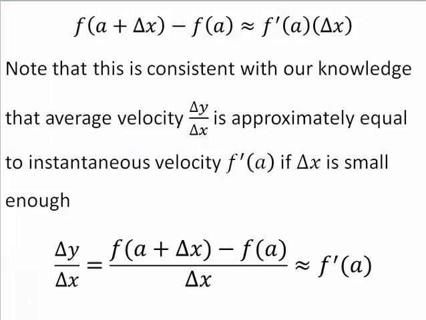I would like you to notice that this is consistent with our knowledge that average velocity is approximately equal to instantaneous velocity as long as our horizontal change is small enough.